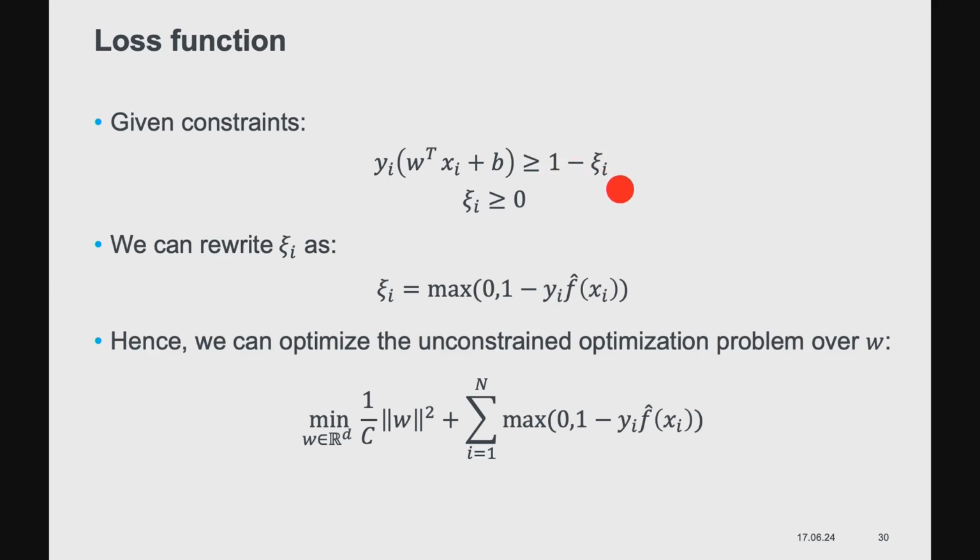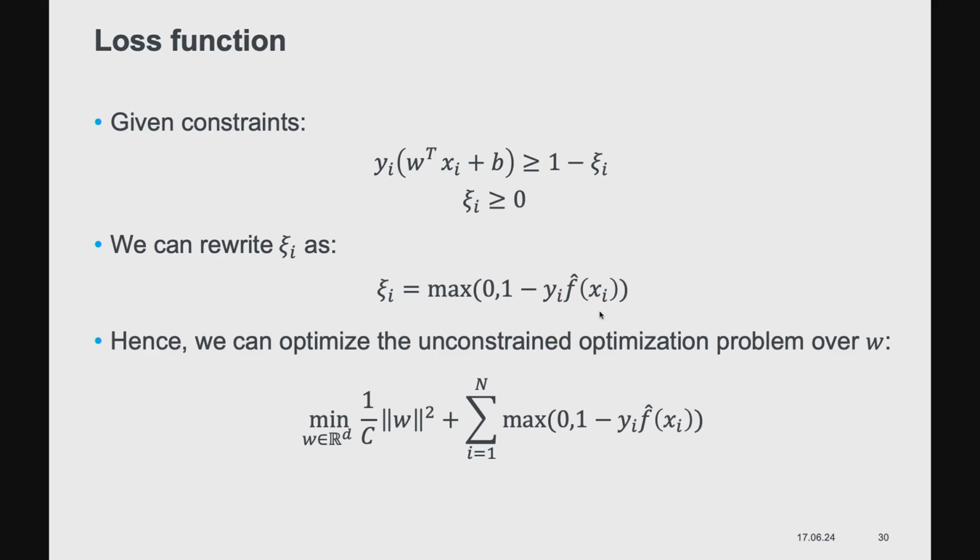So zeta i becomes larger than 1 minus this term, which is exactly what we have here. So then zeta i is the maximum between 0, it cannot be smaller than 0, and 1 minus this term y_i times what our model gives us.